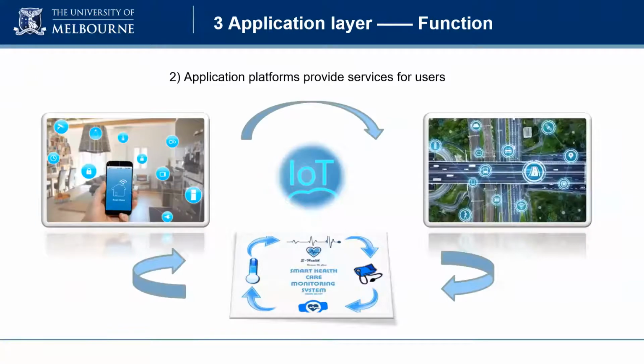The second part is application platforms providing services for users. The cloud will transmit processed data to users, companies, or management departments, such as telemedicine web services, smart home device management apps, or intelligent transportation programs, and so on. Then these application platforms use the data to provide the required service for users.